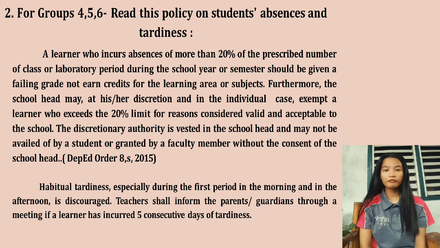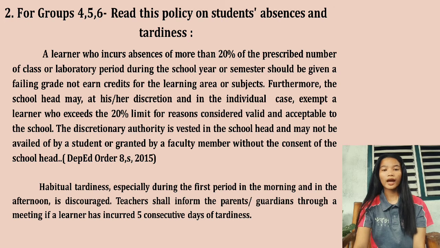For groups 4, 5, and 6, read this policy on students' absences and tardiness. A learner who incurs absences of more than 20% of the prescribed number of class or laboratory periods during the school year or semester should be given a failing grade and not earn credits for the learning area or subjects.